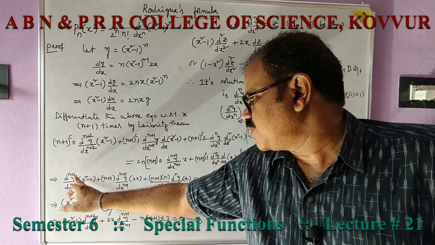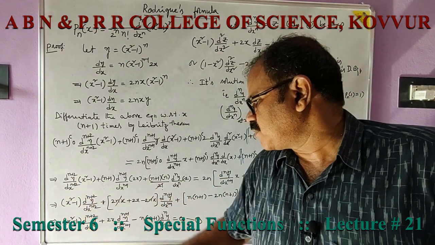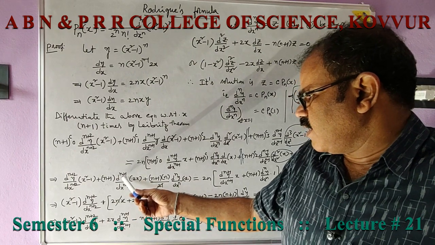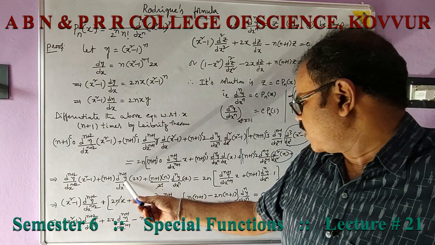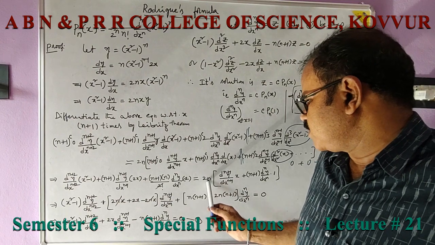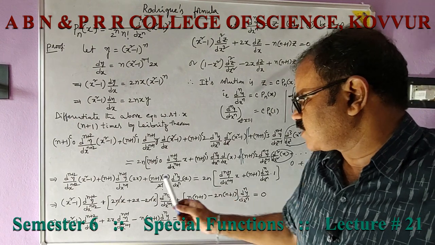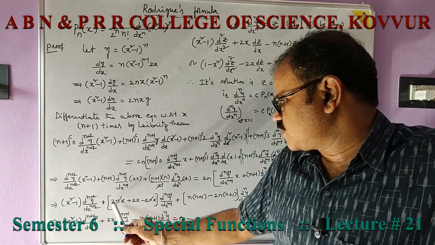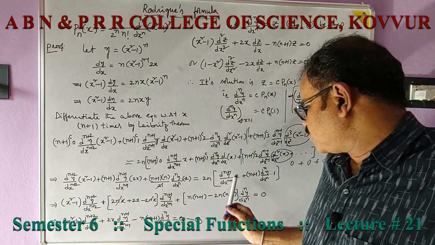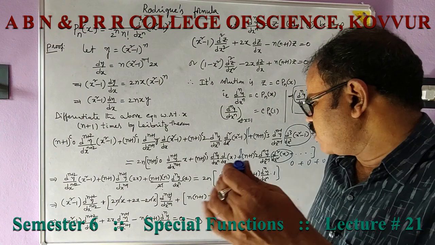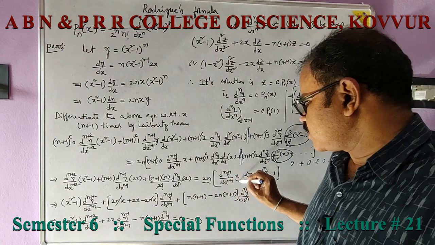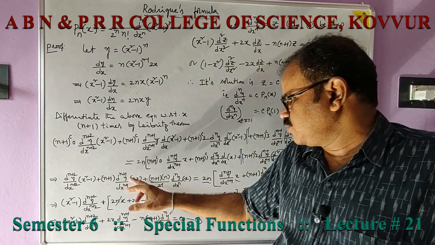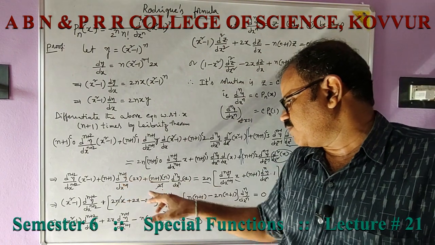x square minus 1 into d to the power of n plus 2 y by dx power n plus 2. Next, n plus 1th derivative of y: here is one term, here is another term. The coefficient of this one is 2nx, the coefficient of this one is 2nx plus 2x, therefore this is 2nx plus 2x minus 2nx, into n plus 1th derivative of y.